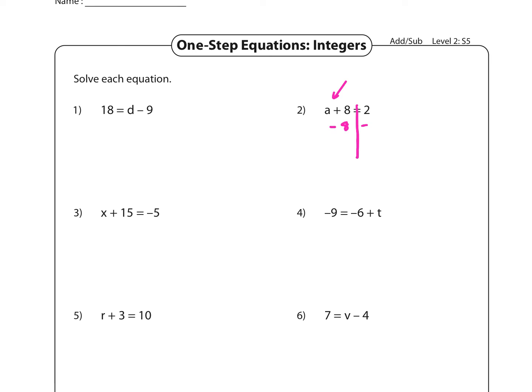So we're going to subtract 8. So this eliminates 8, leaving a, which is what we want. And now in your calculator, you would put 2 minus 8. We always work top to bottom. If you think about it on a number line, if we start at 2 and take away 8, we're going to end up at negative 6.